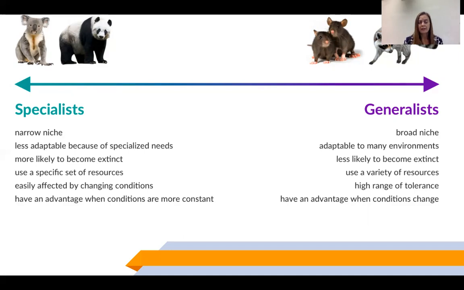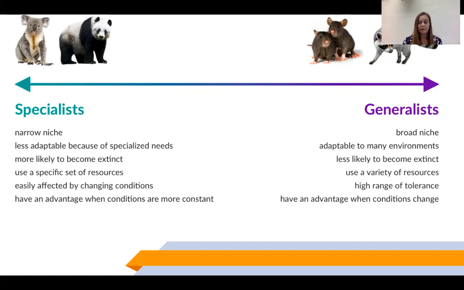But when conditions change, its inability to drink water becomes a disadvantage for it. So specialists are more significantly impacted by changing conditions, but they have an advantage in constant conditions.